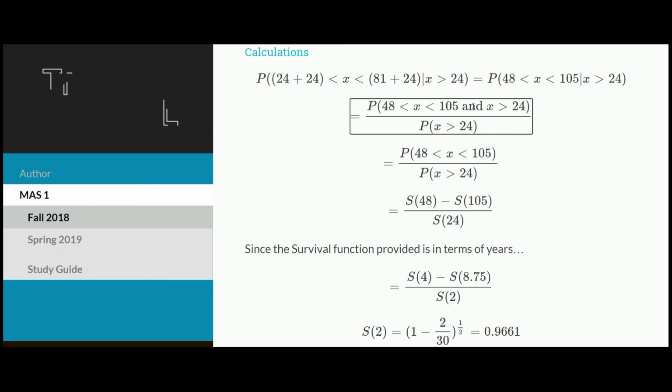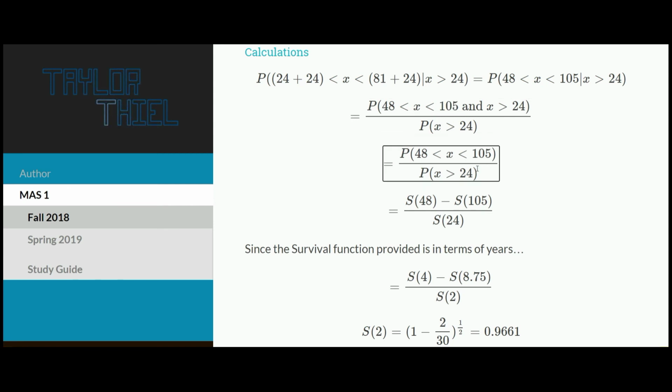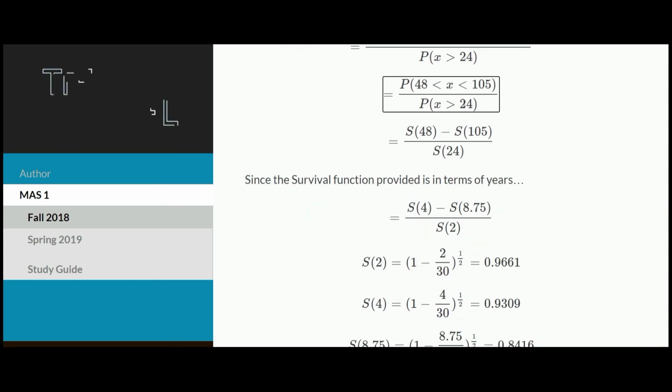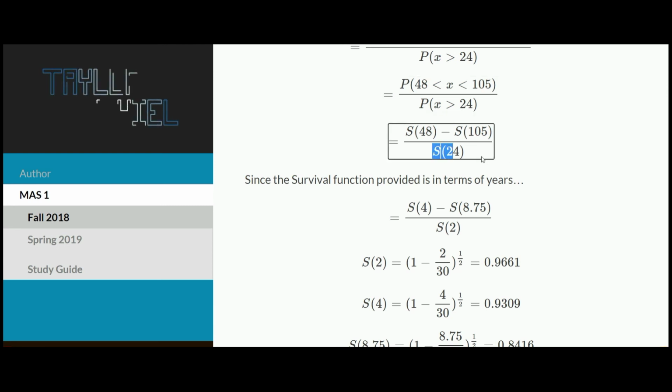So we can just drop this off, because it is given that you're lasting more than 2 years if you fail between the 4-year mark and the 105 month mark. Then the probability of you being greater than 24 is equivalent to the survival function at 24.